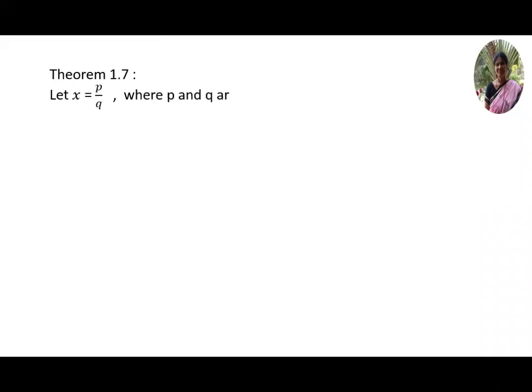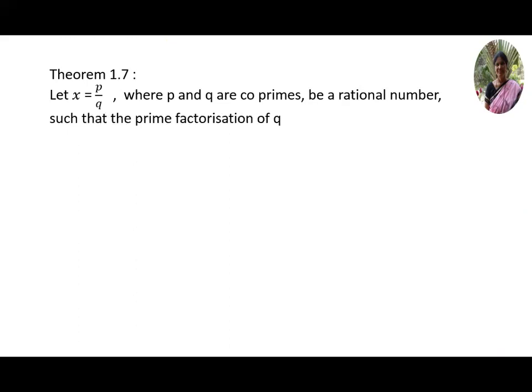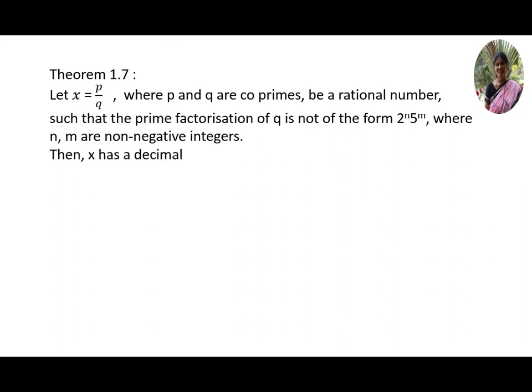Let x is equal to p over q, where p and q are co-primes, be a rational number such that the prime factorization of q is not in the form 2 raised to the power n and 5 raised to the power m, where m and n are non-negative integers, then x has a decimal expansion which is non-terminating, non-repeating or recurring.